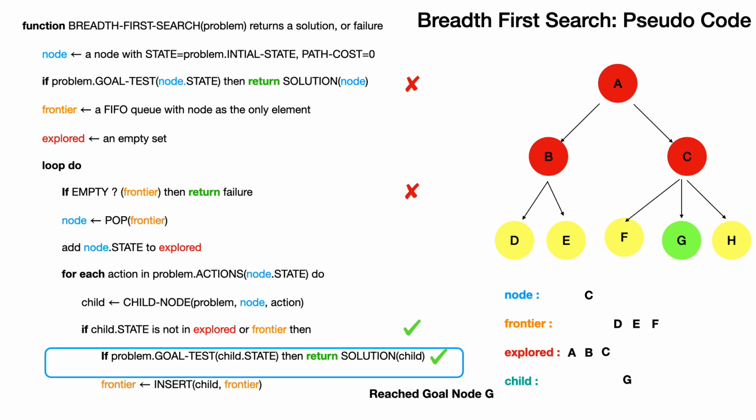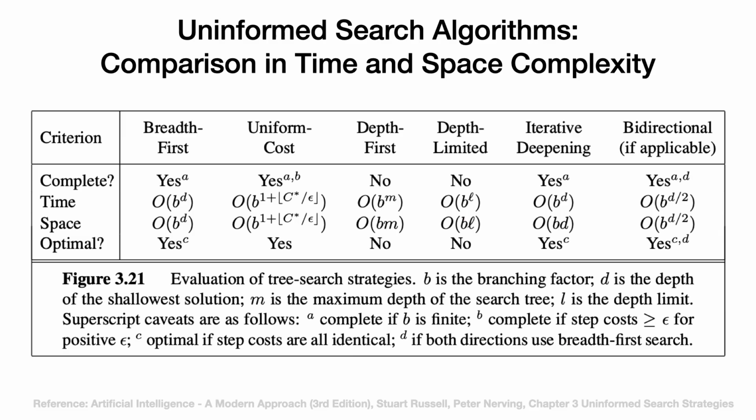Now let's summarize the time complexity in comparison with other algorithms. We are going to do a comparison for every algorithm. Here we have seen the breadth first search. Yes, it is a complete algorithm and it is also optimal. In breadth first search, usually the path costs are all uniform or equal, so we are assuming that the paths all have equal costs.